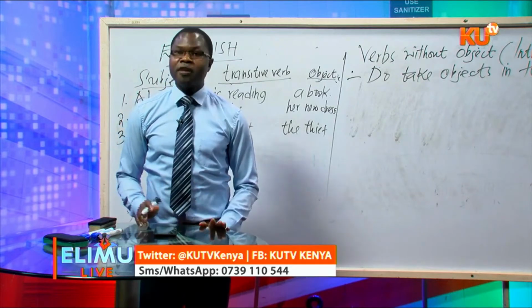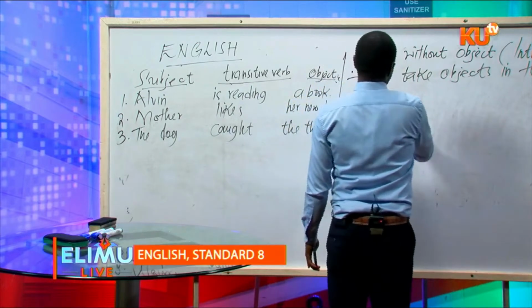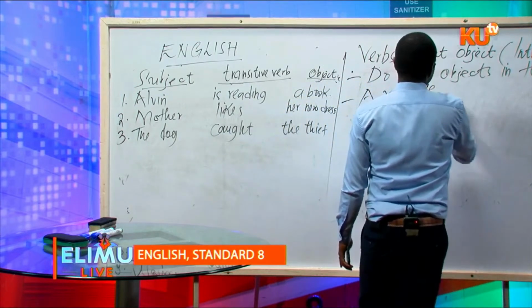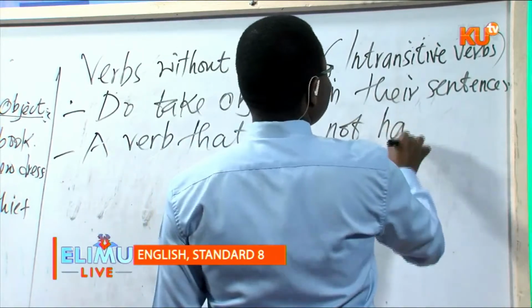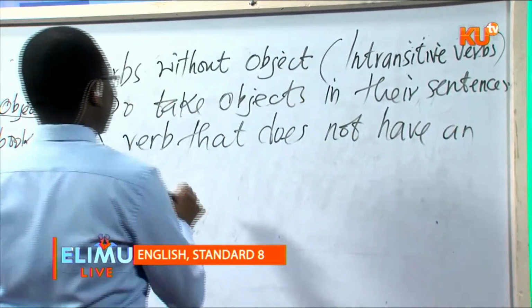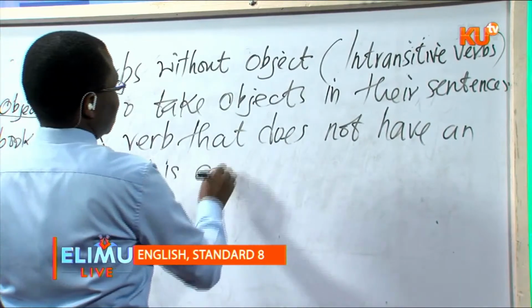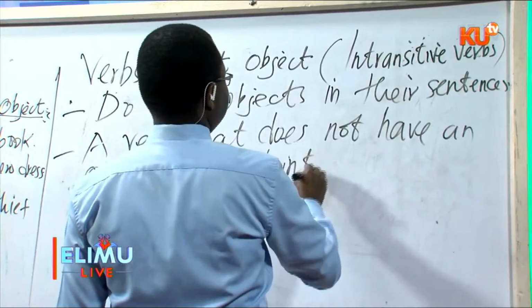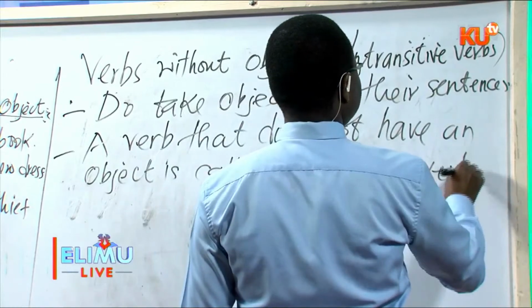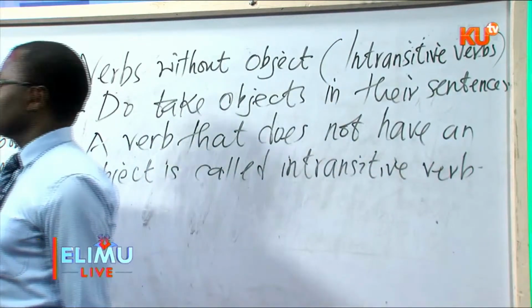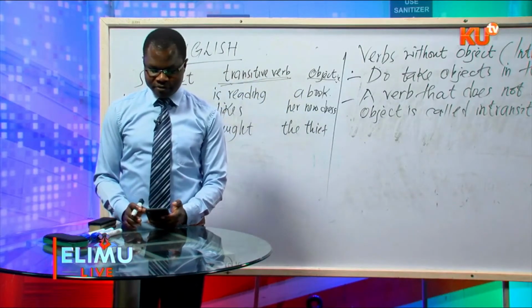A verb that does not have an object is called intransitive. They are called intransitive verbs. Actually, it is just the opposite of transitive.